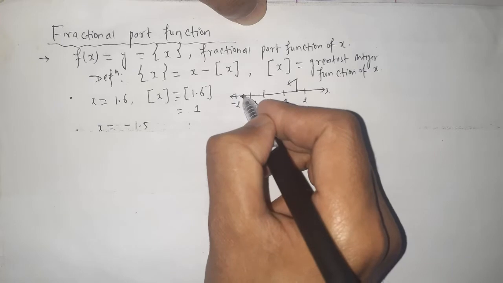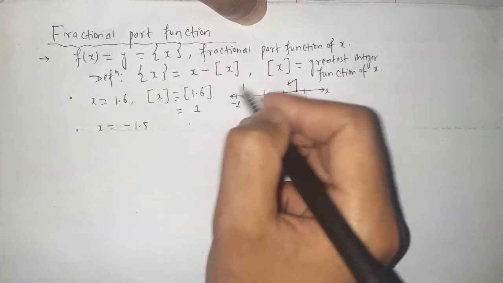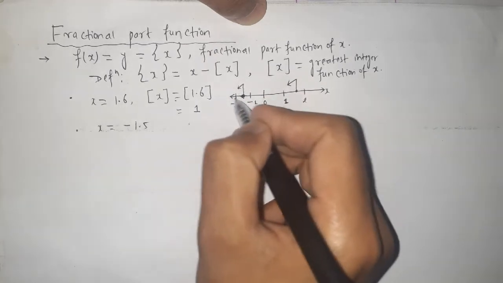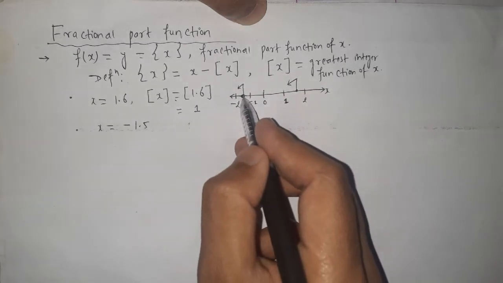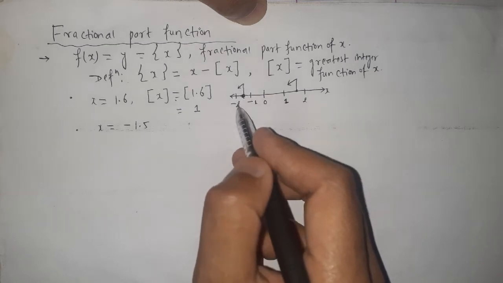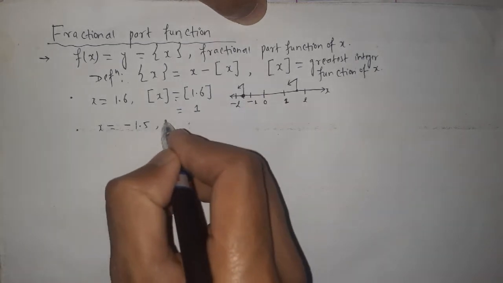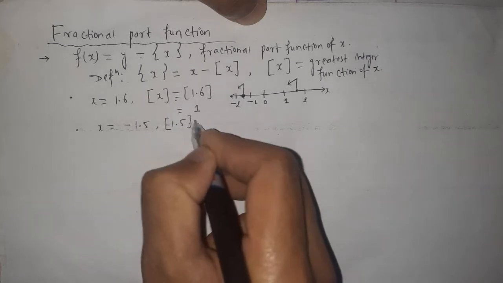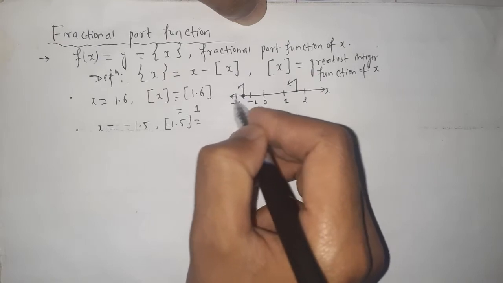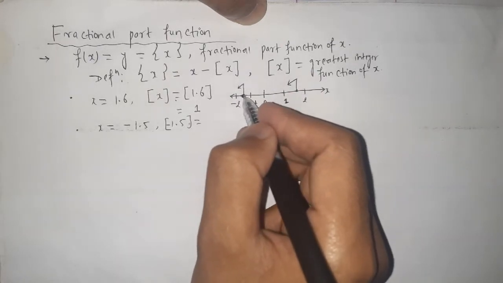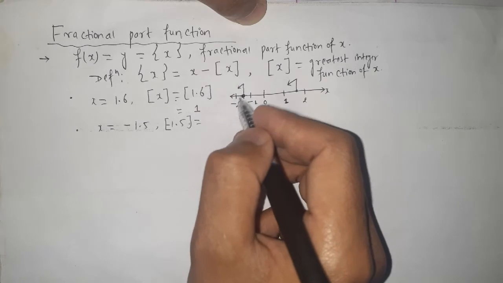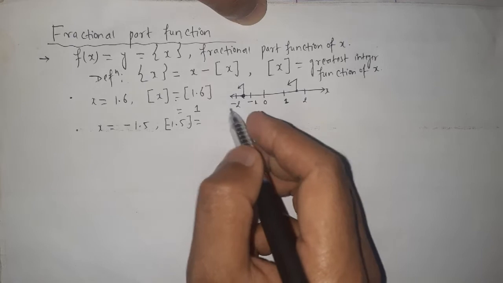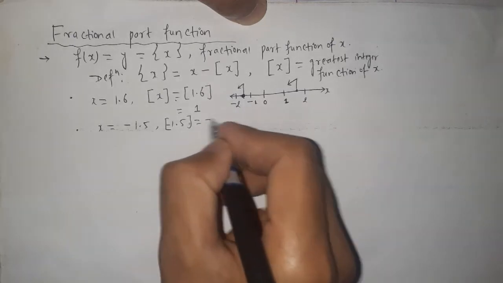First rise and then look left. The nearest integer value to this number on the left hand side is negative 2. So the greatest integer of negative 1.5 is negative 2. It is on the left hand side and closest to that number. The output of the greatest integer function should be an integer value. Here the nearest integer is negative 2.